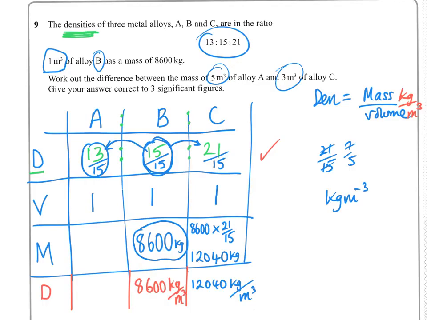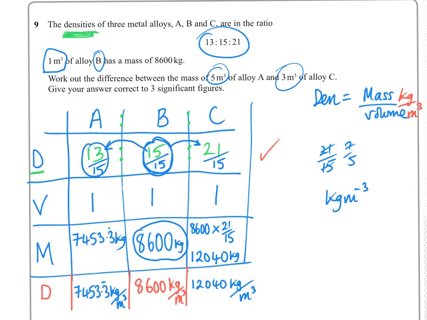So that's going to be 13/15 of 1, so it's going to be 13/15 of 8,600 in proportion. So 8,600 times 13 divided by 15 gives me 7453.3 recurring kilograms. So the density of alloy A would be 7,453.3 recurring kilograms per metre cube.